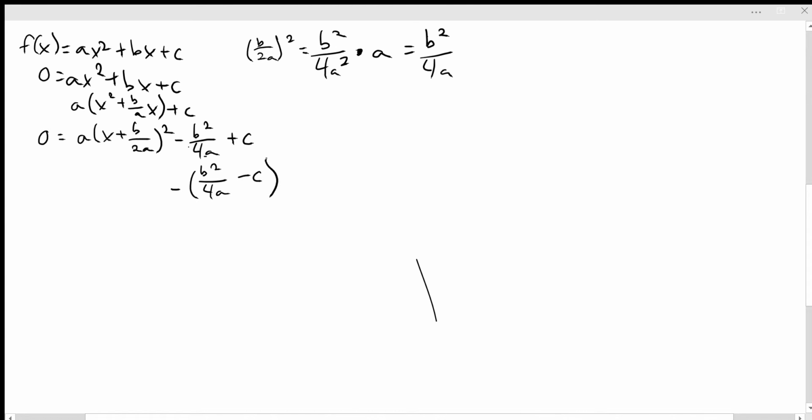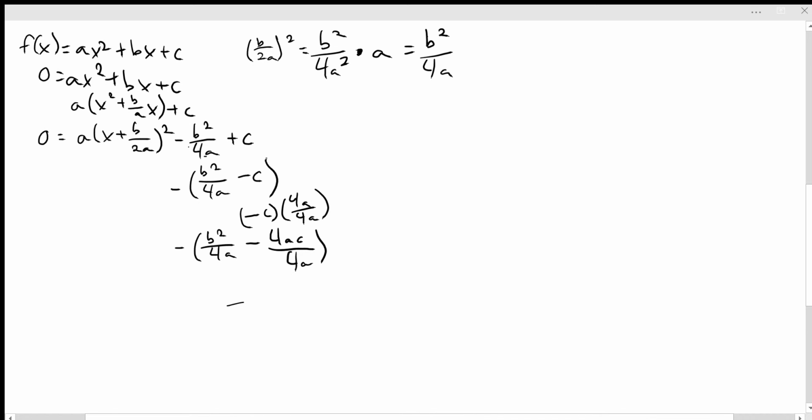And then what we know is if we want to combine these terms, they have to have a common denominator. So we need to multiply this negative c by 4a over 4a, and we can do that because 4a over 4a equals 1. So when we do that, we'll have b squared over 4a minus 4ac over 4a.